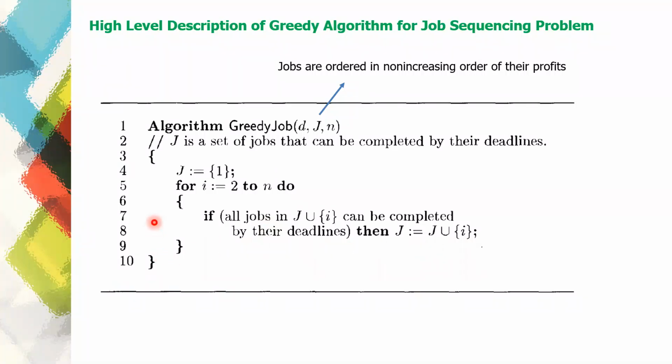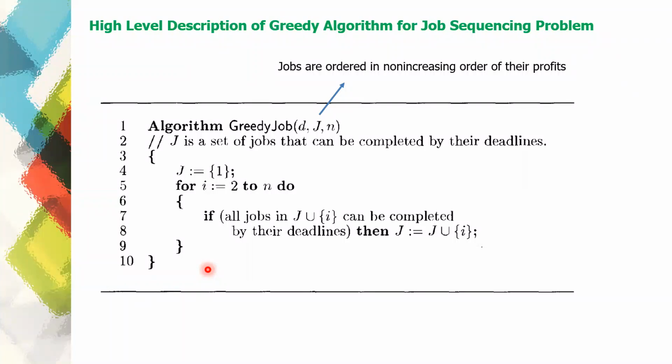This will be repeated from the second job to the nth job until you come up with a final solution that gives the highest profit. So this is the higher level abstraction of the greedy algorithm.